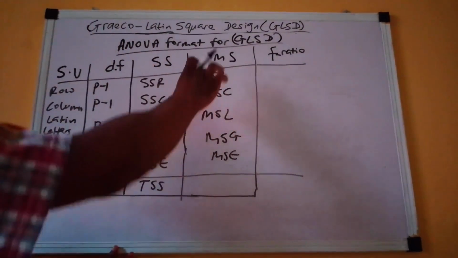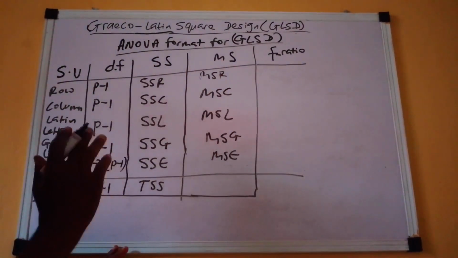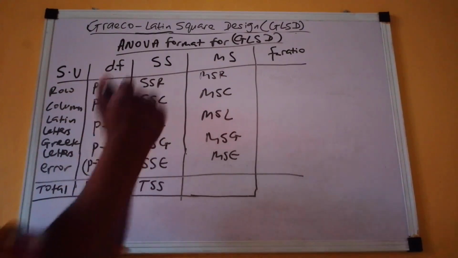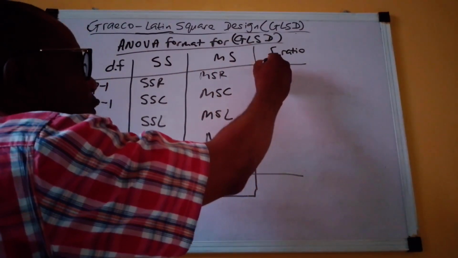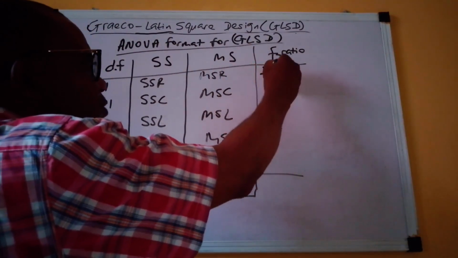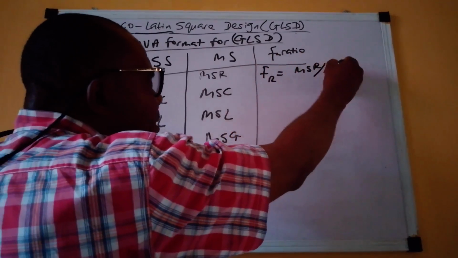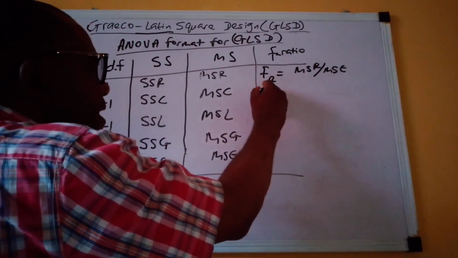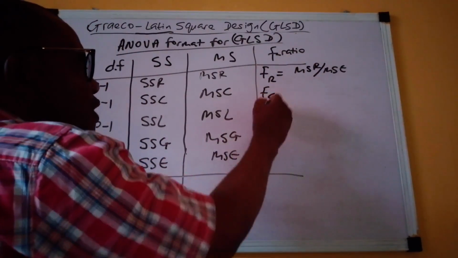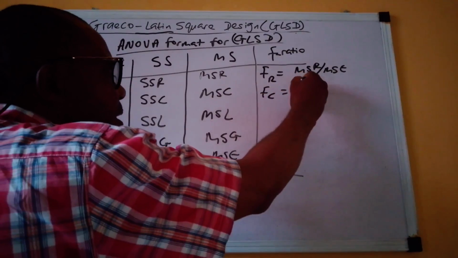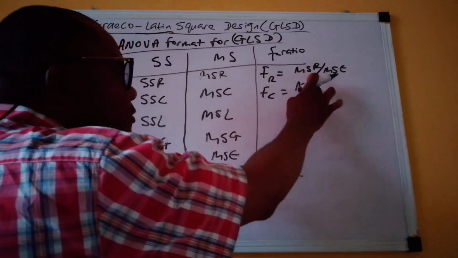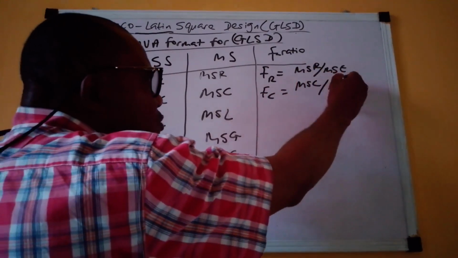The model explains 4 sources of variation. So the F ratio for the row will be MS row all over MSE. Then the F ratio for the column will be MSC, that is mean sum of square for column, all over mean sum of square for error.